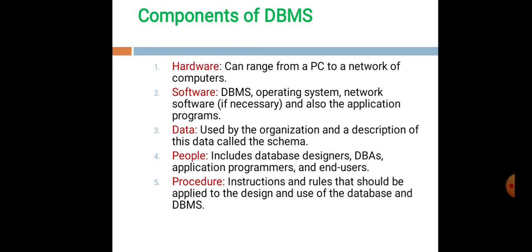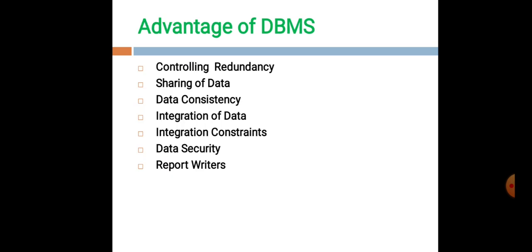People include database designers, database administrators, application programmers, and end users. The last one, procedure: instructions and rules that should be applied to the design and use of the database and DBMS.